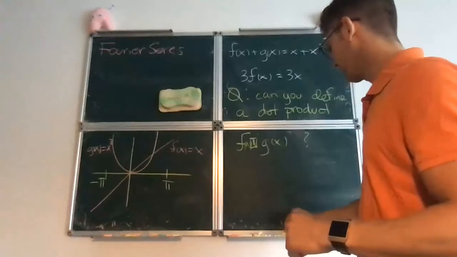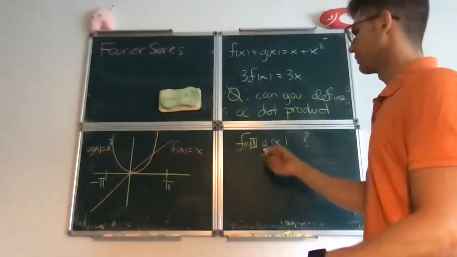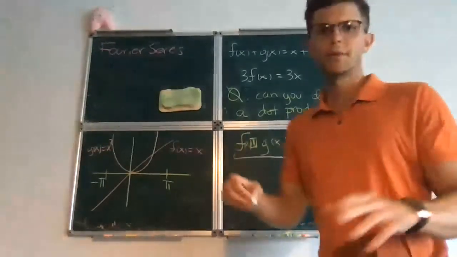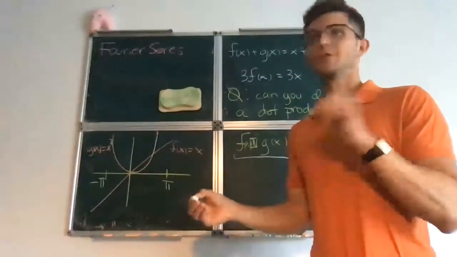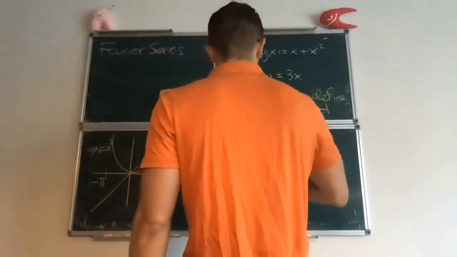But I want to define a dot product between two functions, which should be a number. Because remember, the point of a dot product is that it takes two vectors and gives you a number. So it's not giving you a new vector. So this should be a number.